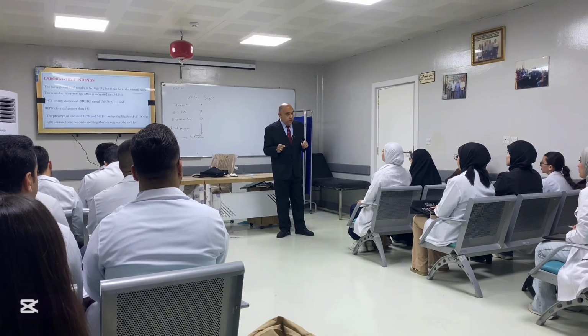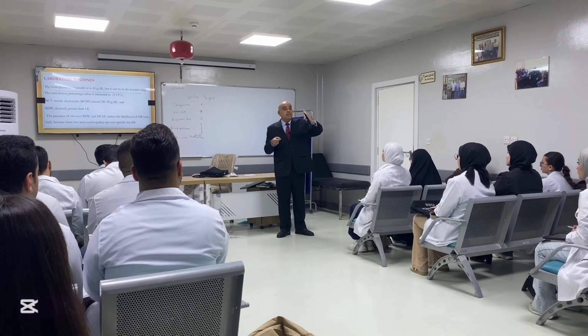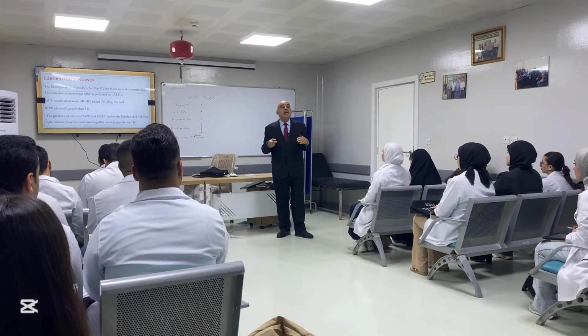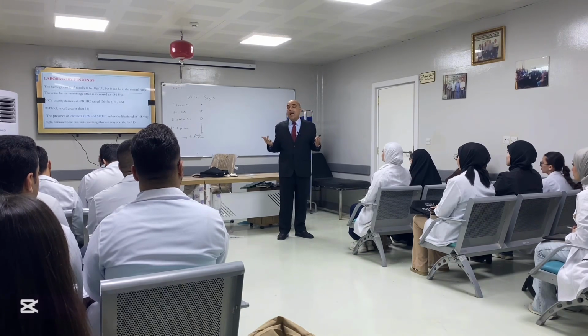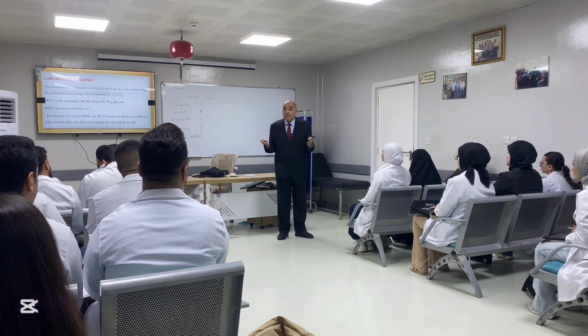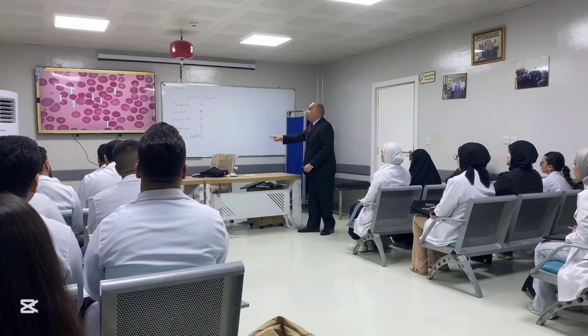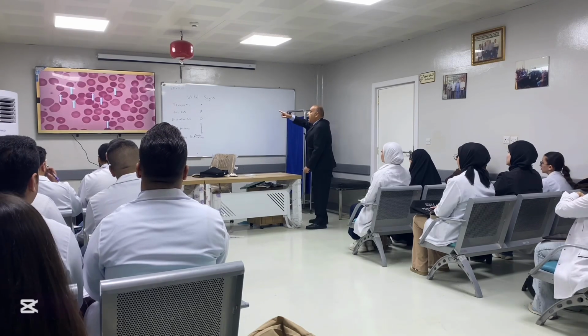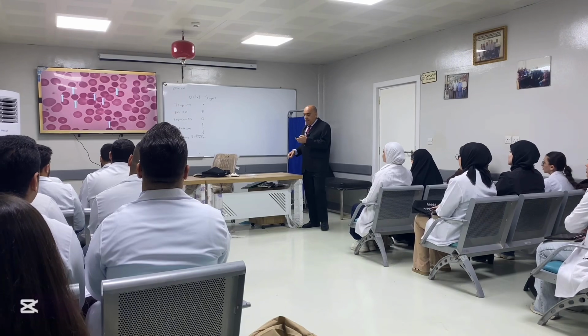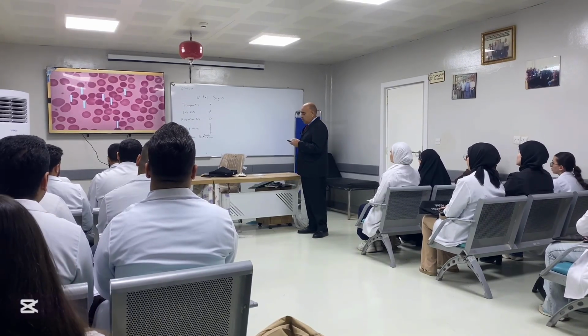Therefore, for any child you see with anemia, we send for a complete blood picture and a blood film. And what are the types of anemia? Hypochromic anemia, normochromic anemia, or macrochromic anemia. Now, we can show the diagram for a patient with spherocytosis, or hereditary spherocytosis.